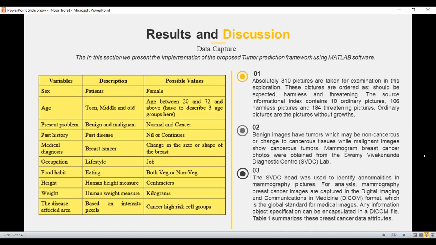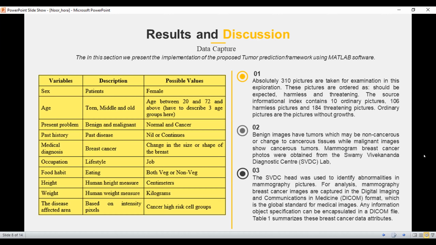In this table, the description of the data set. In total, 310 pictures are taken for examination in this exploration. These pictures are ordered as normal, benign, and malignant.